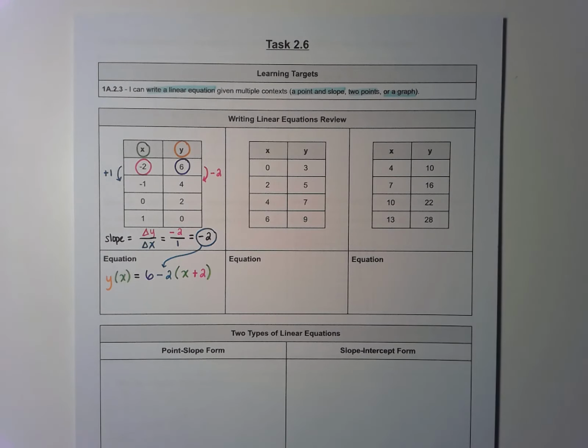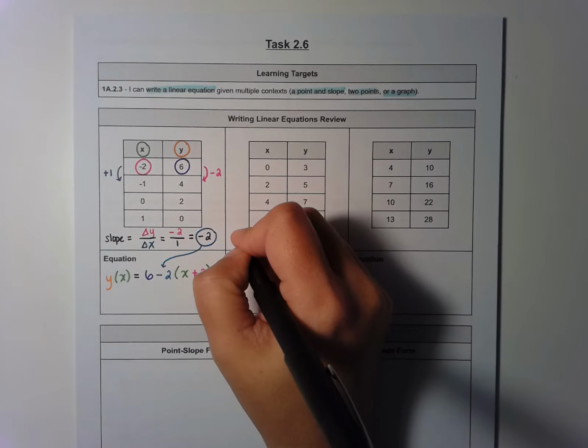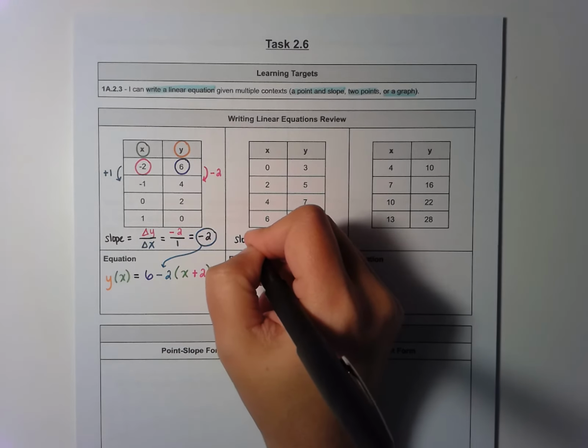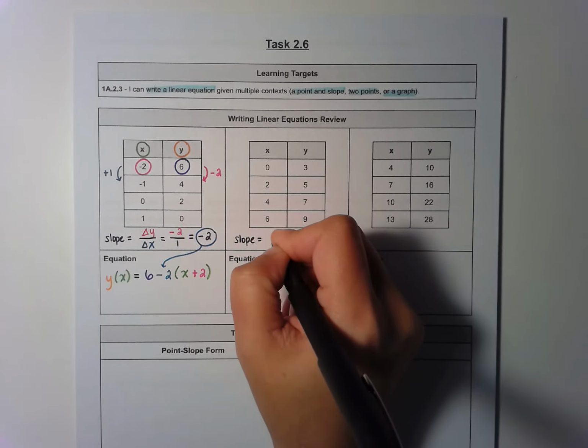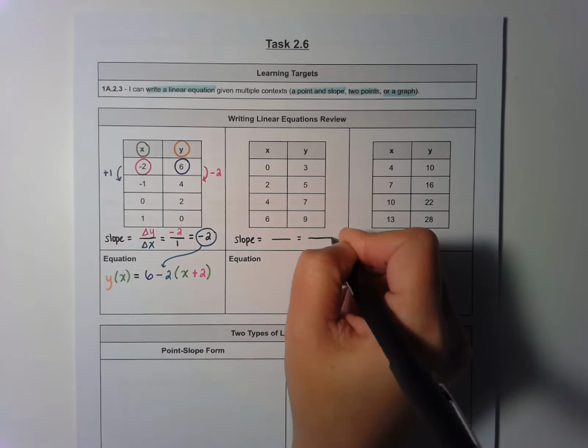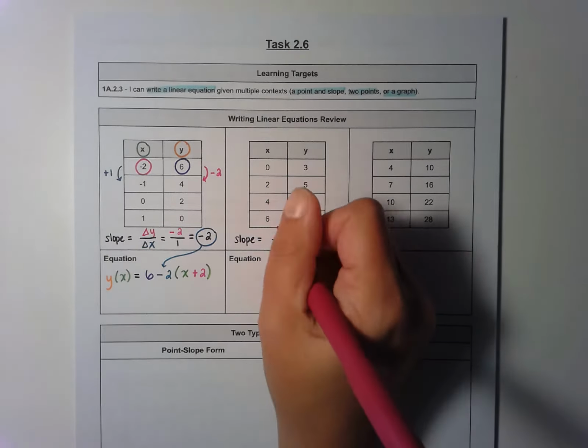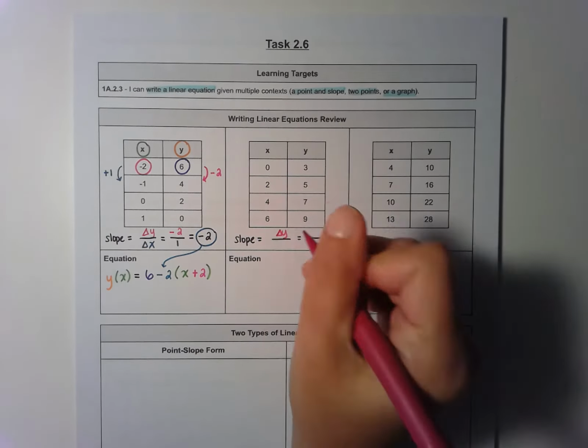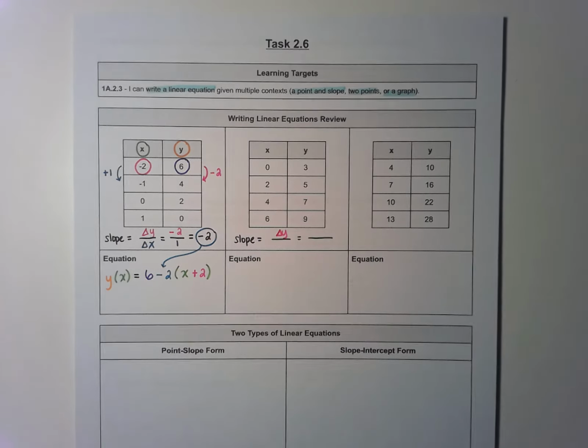So hopefully this looks very similar to how we've done writing equations before. It's just that now instead of just the pattern of the y's, we also need to find the entire slope because the x's are not necessarily going up by 1. Let's do another problem. So the first thing I would do here is I would find my slope. Now my slope is going to be a fraction, and my fraction is going to be the change in y divided by the change in x.